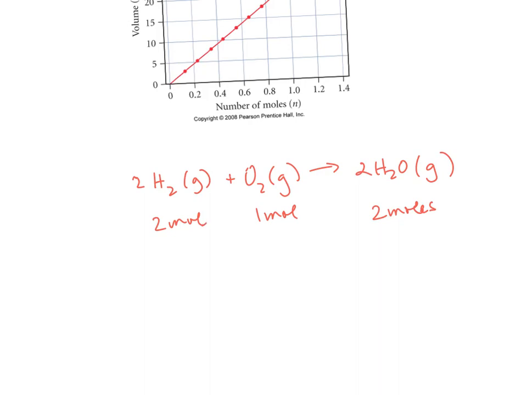All right. And the question was, what about the volume? So he saw if you combine 2 liters of hydrogen with 1 liter of oxygen, what do you think he got? Did he get 3 liters of water or did he get 2 liters of water?